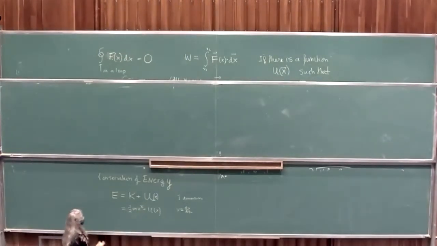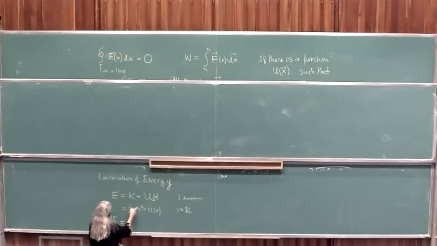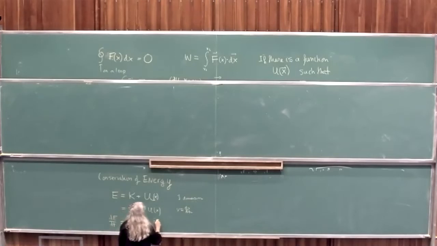So what do I mean by conservation of energy? It means it's not going to change, so d dt of the energy should be 0. Let's take the derivative. The mass is not going to change, so we have m v times dv dt, the time derivative of the kinetic part, plus the time derivative of the potential part. Just use the chain rule: this is dU dx times dx dt.